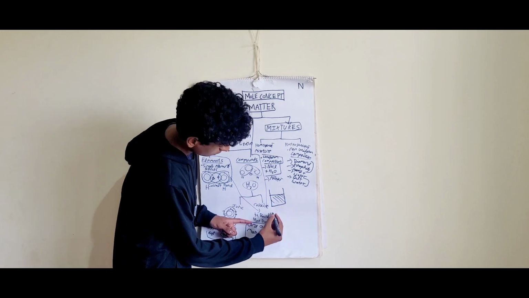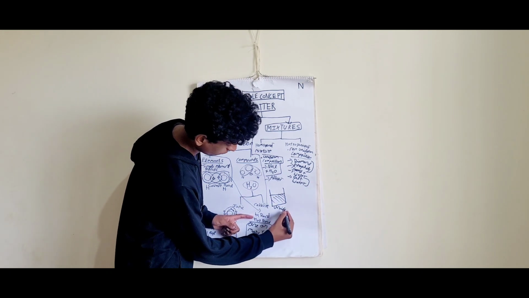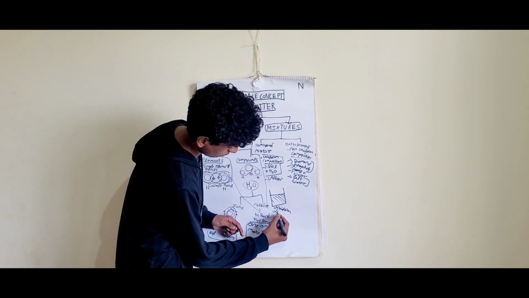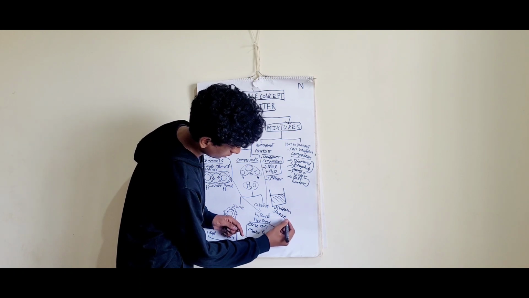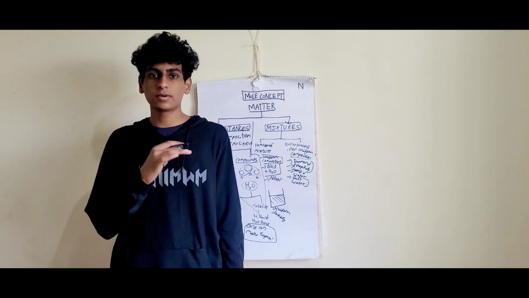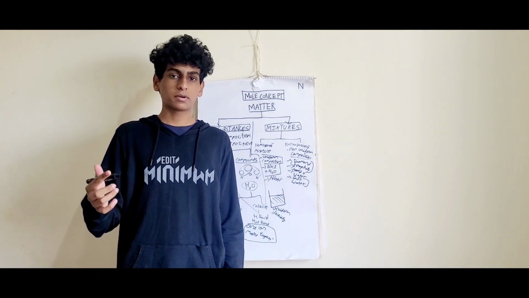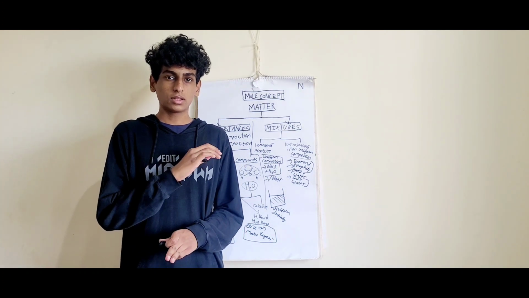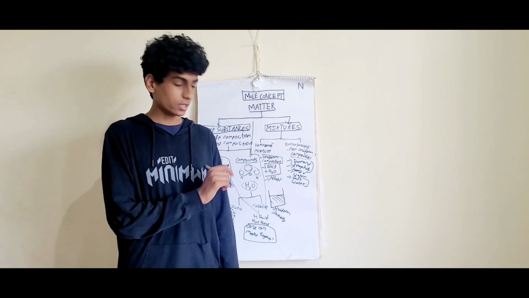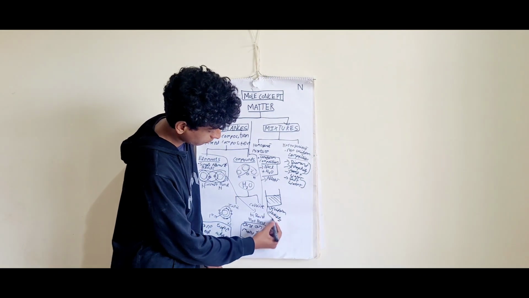To summarize homogeneous and heterogeneous: if you have a homogeneous one, it has uniform density. As I told you, they are made in proper ratios, or rather a proper order. So the density throughout is always uniform.